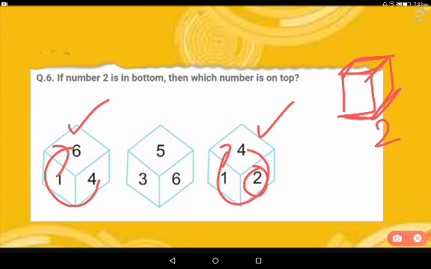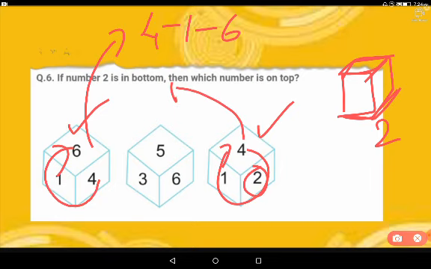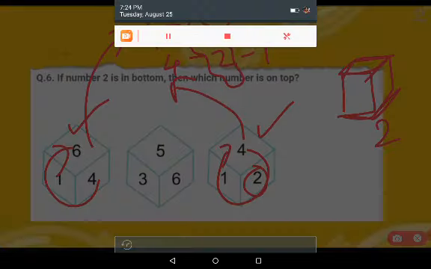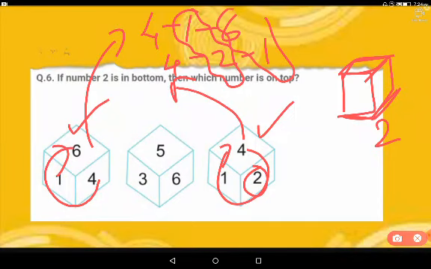Write the digits in order. In the first die we will get 4, 1 and 6. In this die we will get 4, 2 and 1, right? So this 1 will be opposite to 2 and 6 will be opposite to 1.